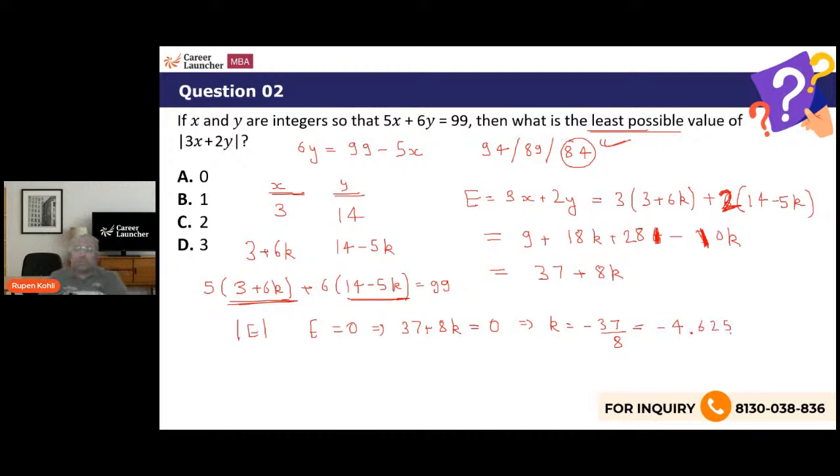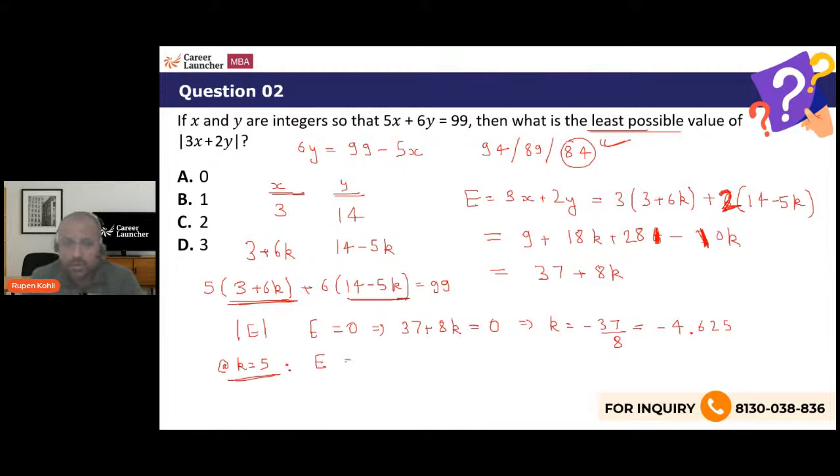So 37 by 8 is minus 4.625, which tells me that the nearest integer value to this would give me the minimization of the expression, right? So at k equal to minus 5, I expect to minimize the magnitude of e.